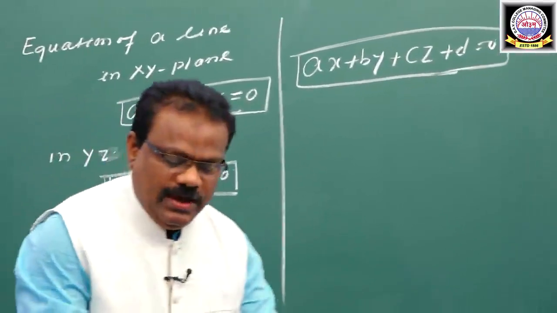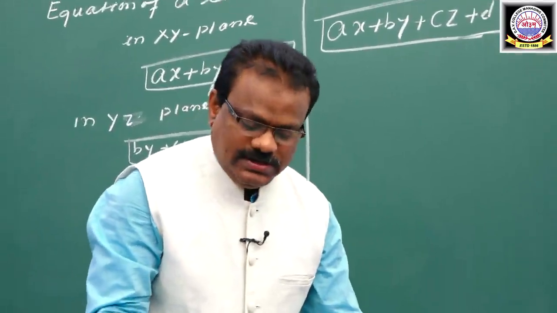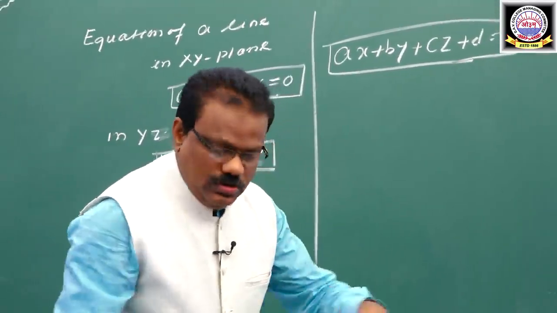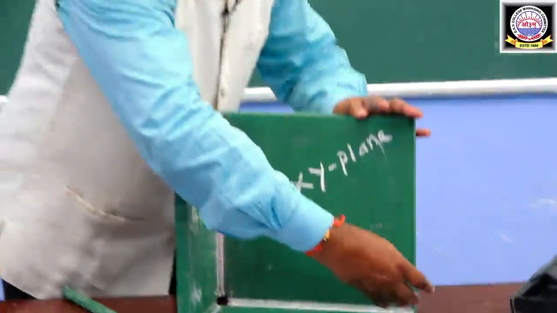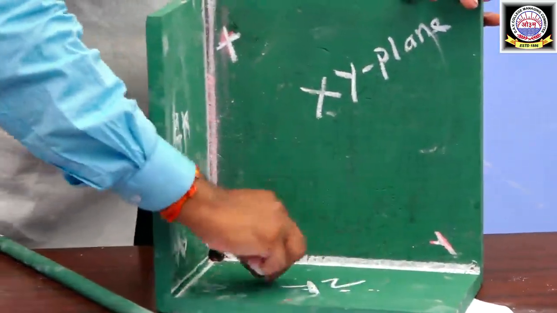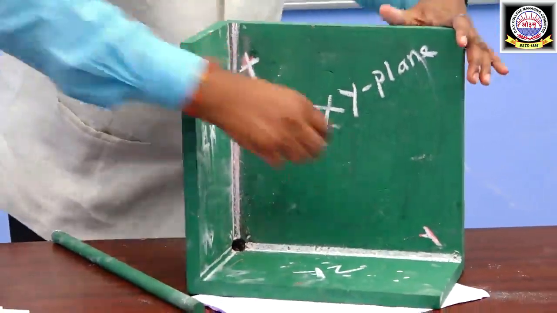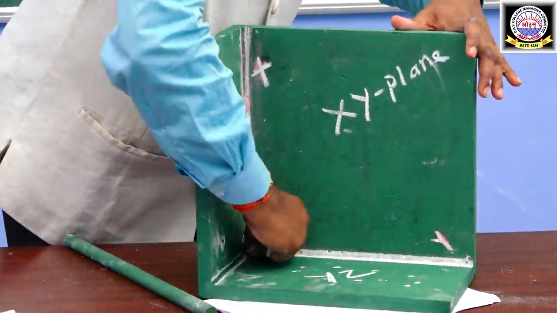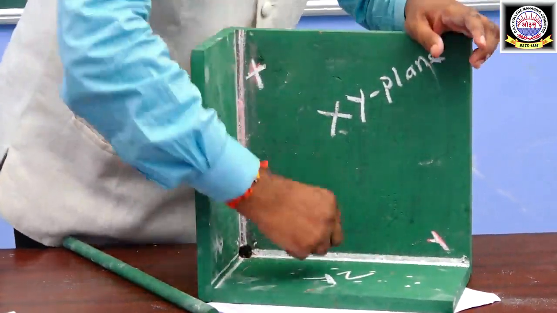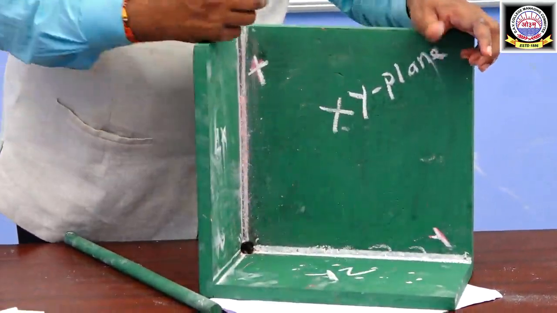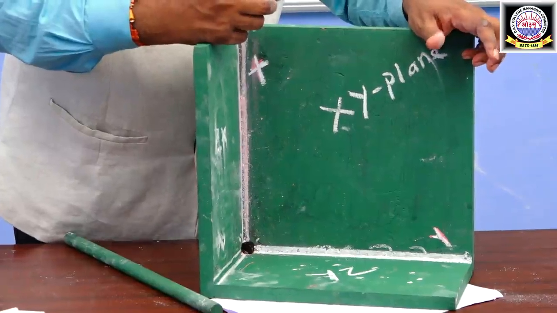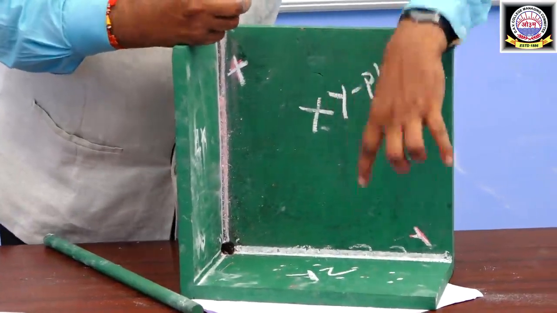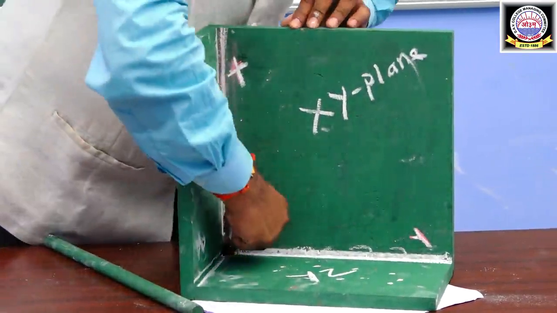In the same way, this is the yz plane, and this is the line drawn on the yz plane. Each and every point on the line will reflect the y coordinate and z coordinate. So which coordinate is lacking? The x coordinate is lacking.